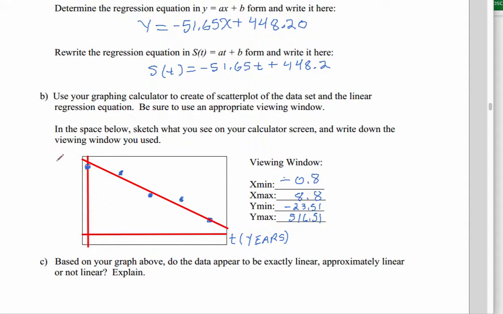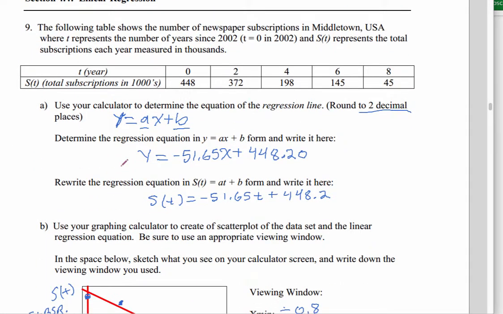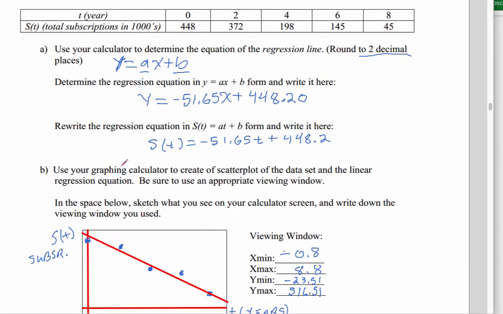And on the vertical axis, that's our S of t, and so that's our subscriptions. And our subscriptions, right, were measured in thousands. So total subscriptions in thousands.